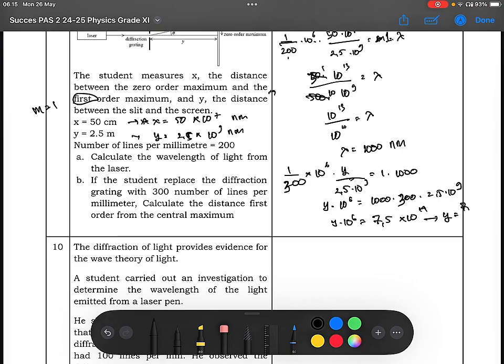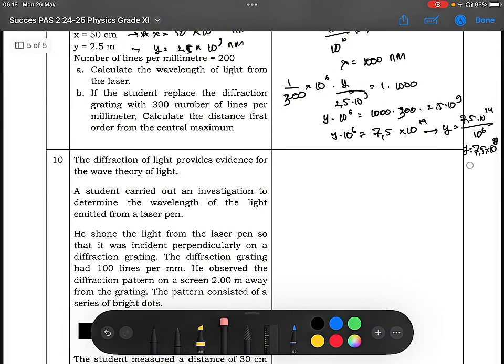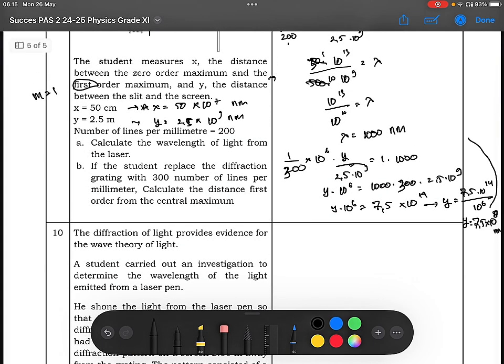Y is 7, sorry, x. Y is 3. This is in nanometer; we can change this unit to centimeter.